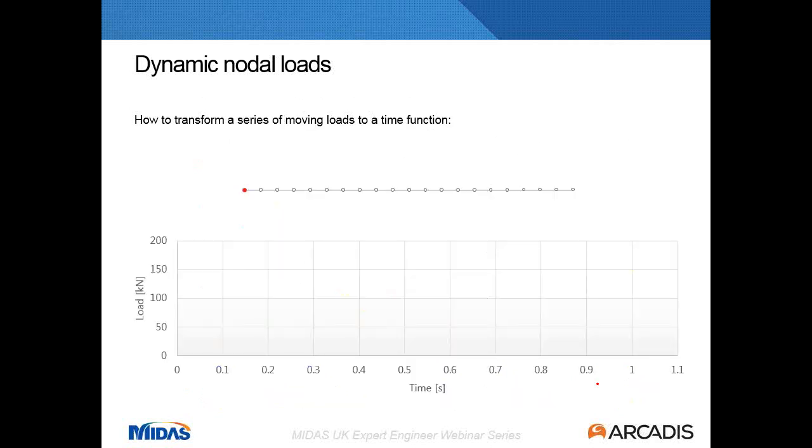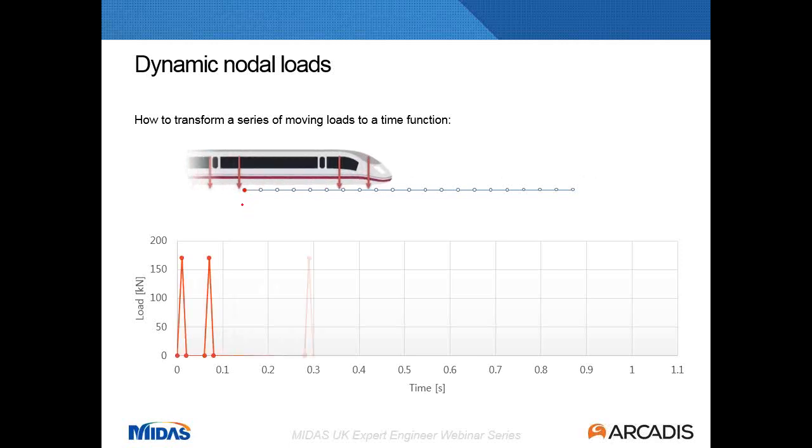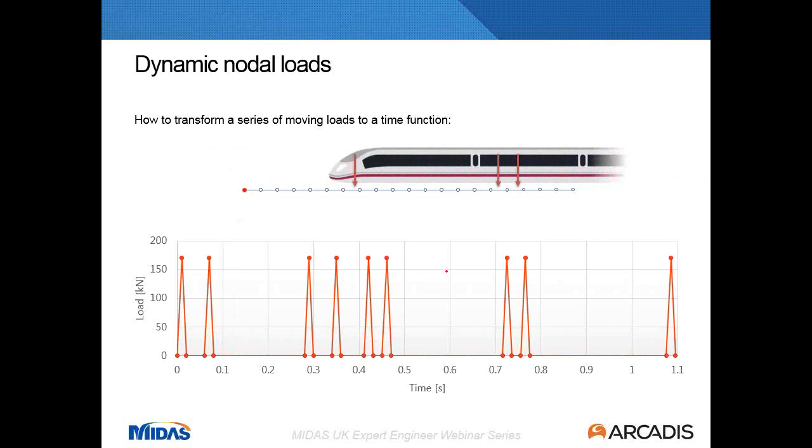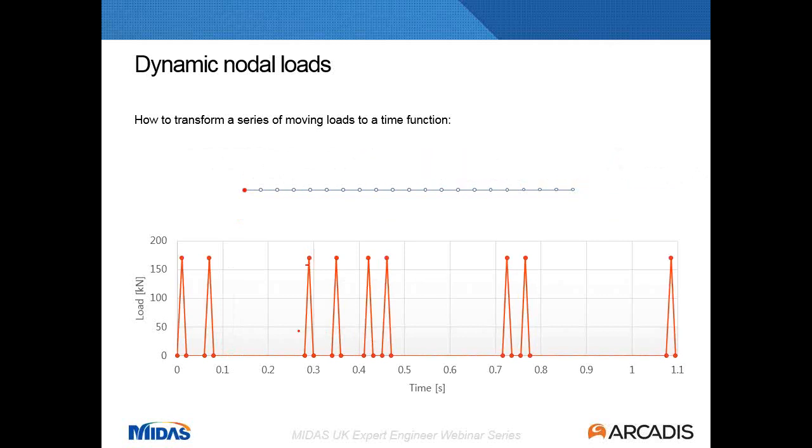Okay, that's for one axle. What happens when you have a series of axles? That's your load models from the Eurocode. Well, if we are trying to get a time function for this first node for a full train, then we run the train on top of your bridge, and every time that an axle steps over your node, you will have one of these peaks here. That stands for the first node.